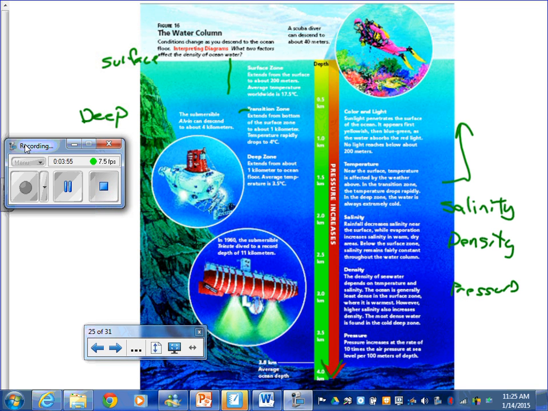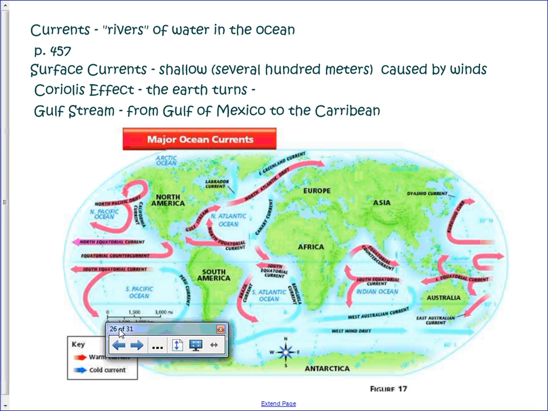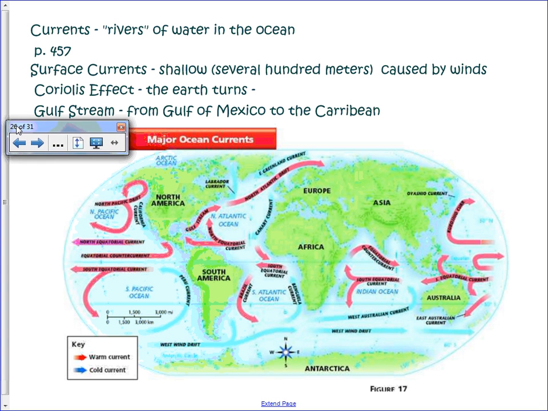The very, very deep places, we send robotic things down to see it because it is just too difficult and dangerous for humans. So anyways, that's that. We're not going to spend a lot of time talking about the different types of life down there. It's interesting, but we are going to focus more on the currents, which it turns out are directly related to the density.